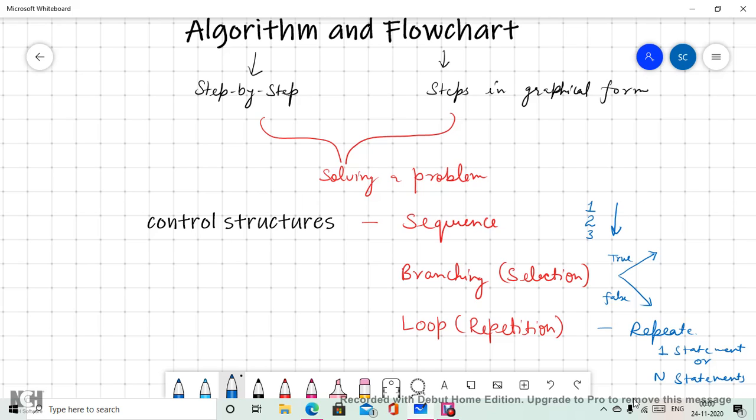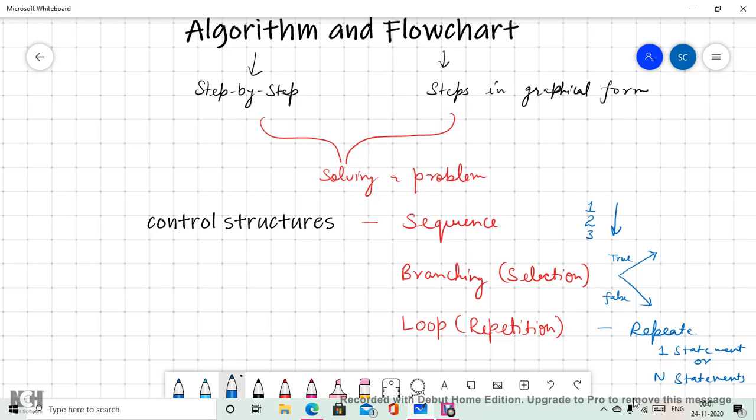Suppose you need to perform the addition of two numbers and you need to perform the addition on 100 such data. That means 100 times the same logic is going to work. You have to do the repeated task.